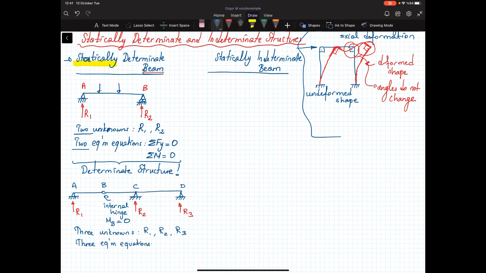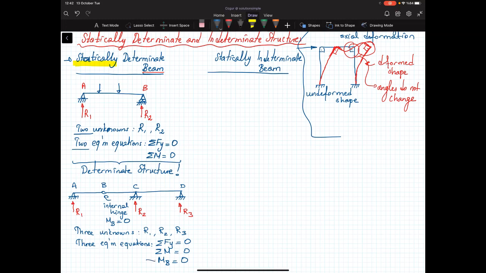Remember that the equilibrium equations are the equations related to the forces. So the first equilibrium equation I can write is sum of forces in Y must be equal to 0. The second equilibrium equation: sum of moments anywhere in the structure is equal to 0. And my third equilibrium equation: the moment at A must be equal to 0.